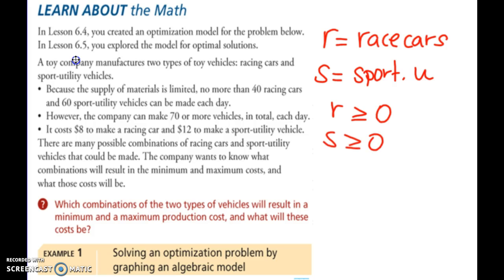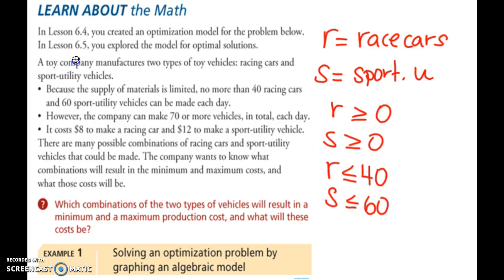But this also says that you can make no more than 40 race cars. So that means the race cars have to be less than or equal to 40. And no more than 60 sport utilities. So the sport utilities have to be less than or equal to 60.